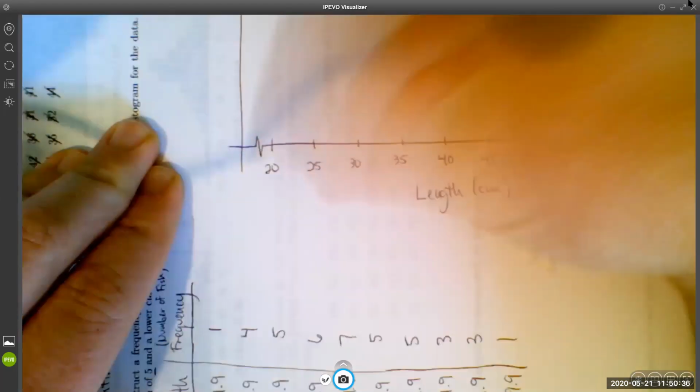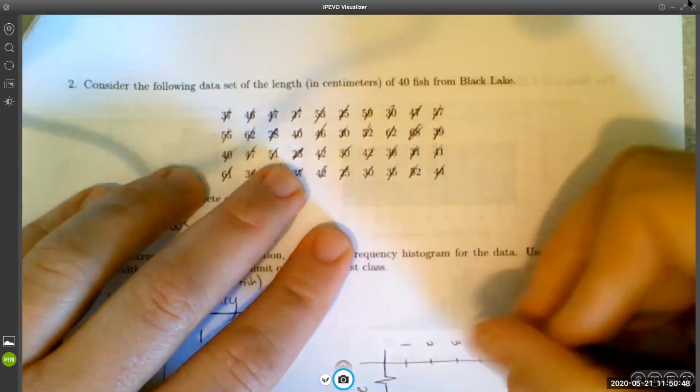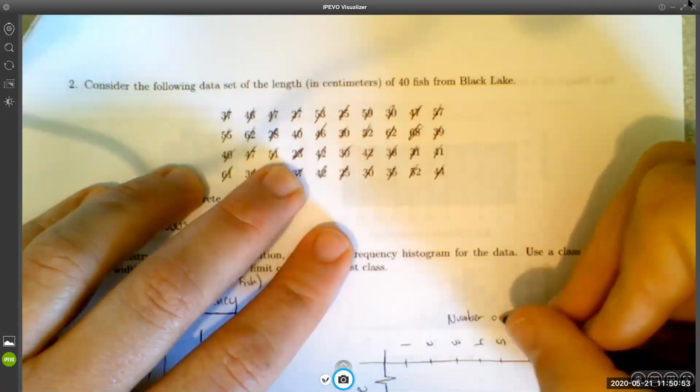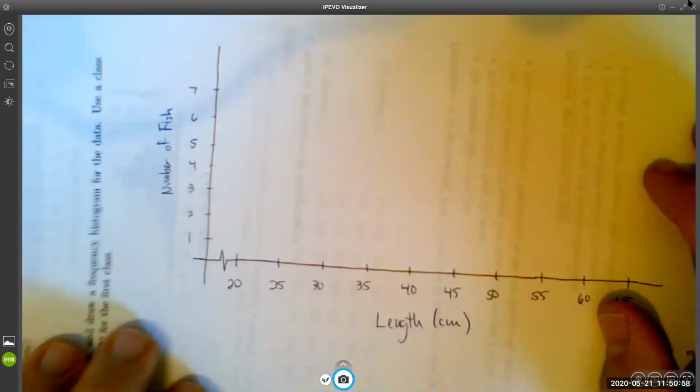And then here we're going to have the number of fish. So I'm going to say 1, 2, 3, 4, 5, 6, 7. This is number of fish, or you could just label it frequency if you like. And then I'm going to call this graph length of fish in Black Lake.